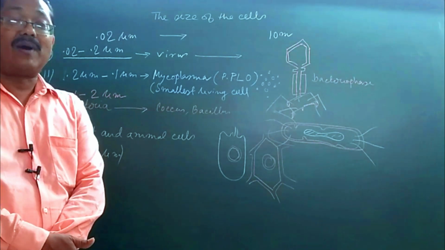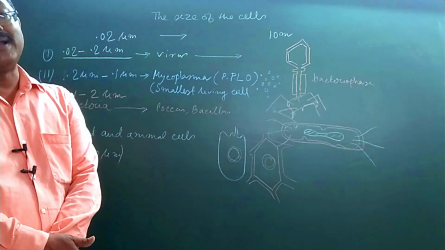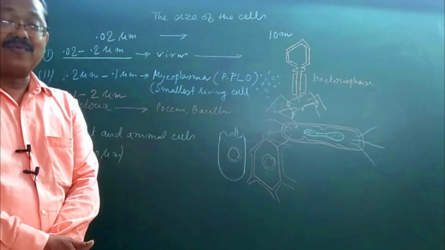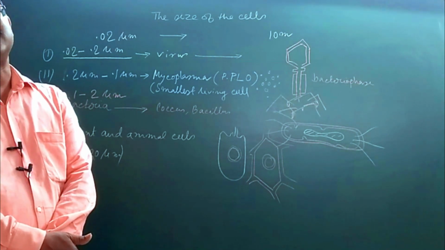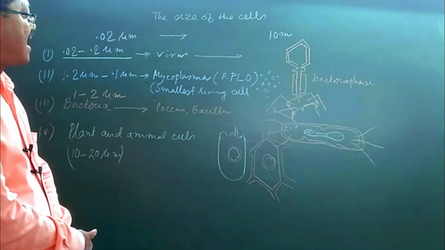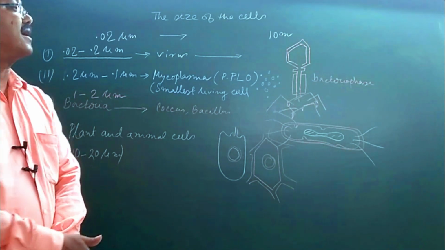They excrete huge amounts of toxic materials. They even divide into a huge number of cells in a small time. This is the advantage of a small cell.